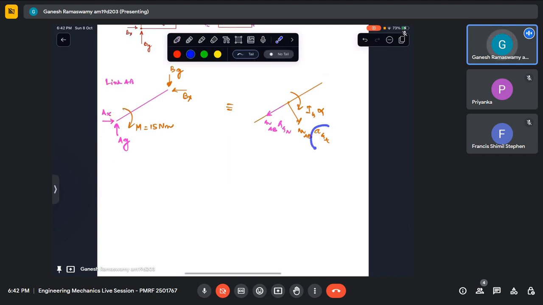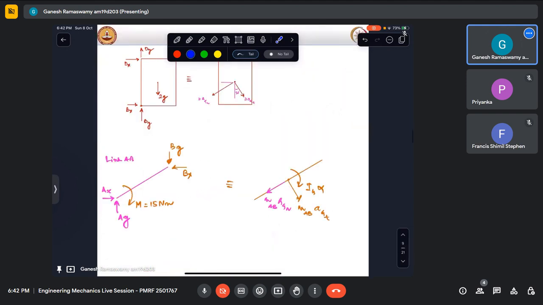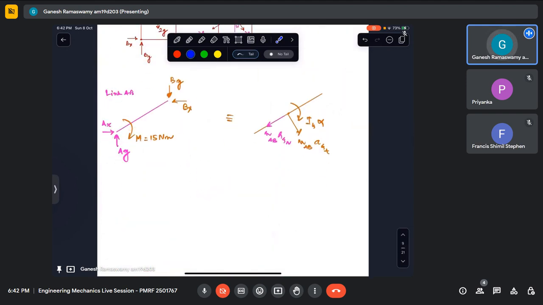Only thing is this will get tied to this alpha because of the rotation. Now one thing we must note is this question has specified that this is massless. In which case, what is I_G alpha? I_G is basically mass k_G squared. So when this is massless, basically all these rotational components are making negligible difference to the outcome.